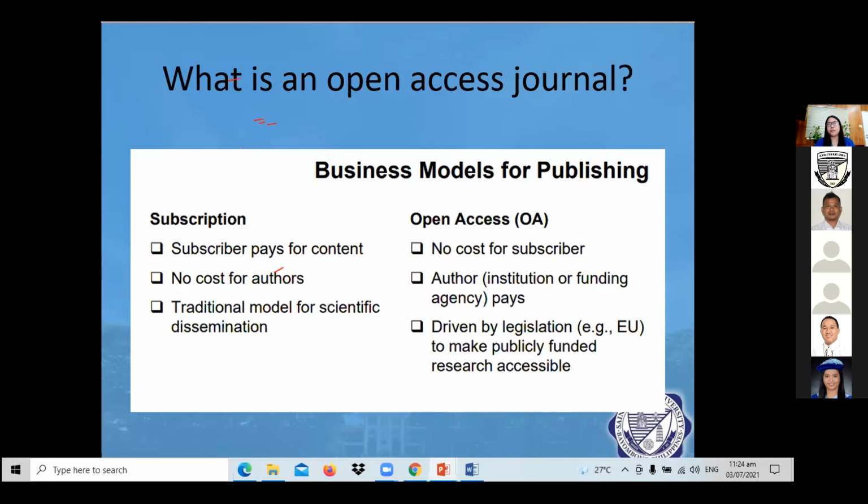But some of the journals that publish for free are not indexed in Scopus or ISI. There are a lot of journals that, even though they don't accept payment, are not indexed in Scopus or ISI.